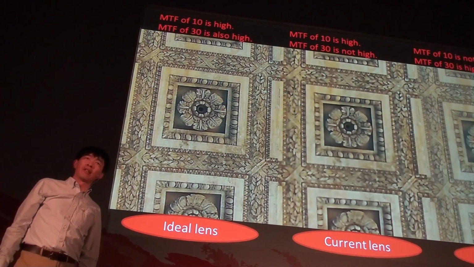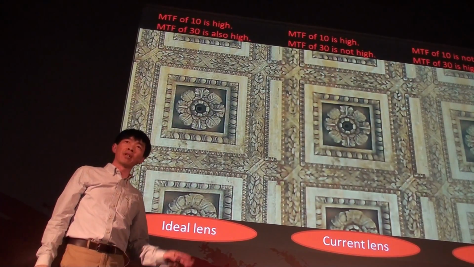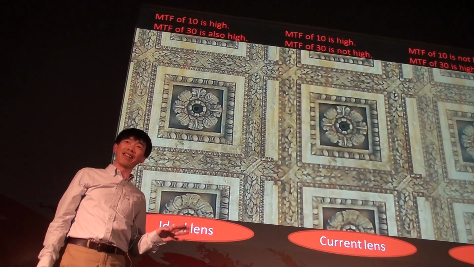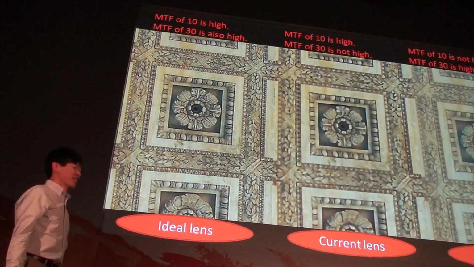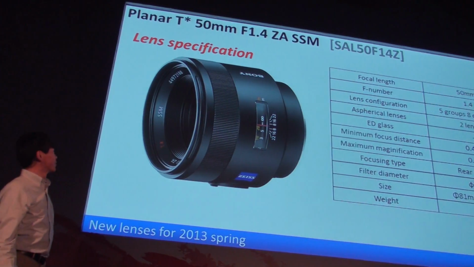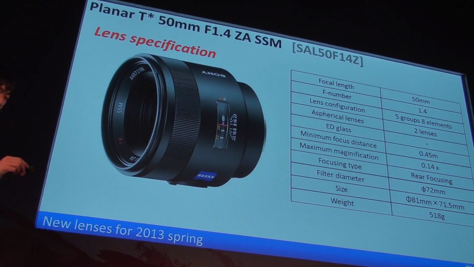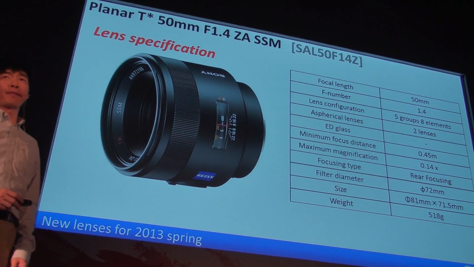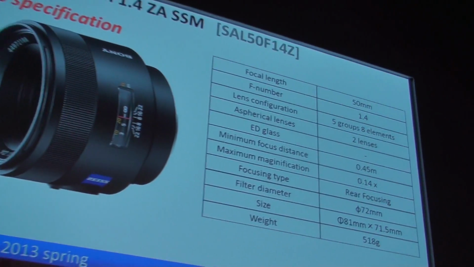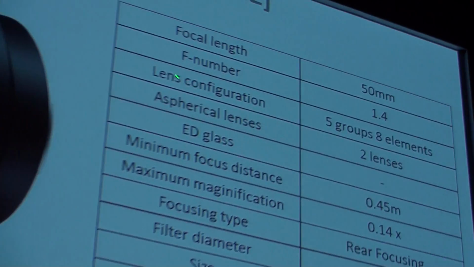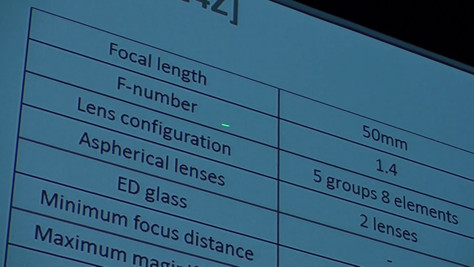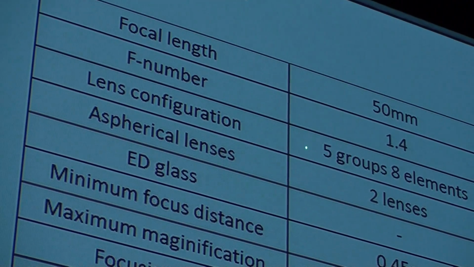So can you understand the meaning of the MTF curves? Okay. So I will show you the new lens. This slide shows the specification of the 50mm lens. The focal length and the lens configuration are like this.